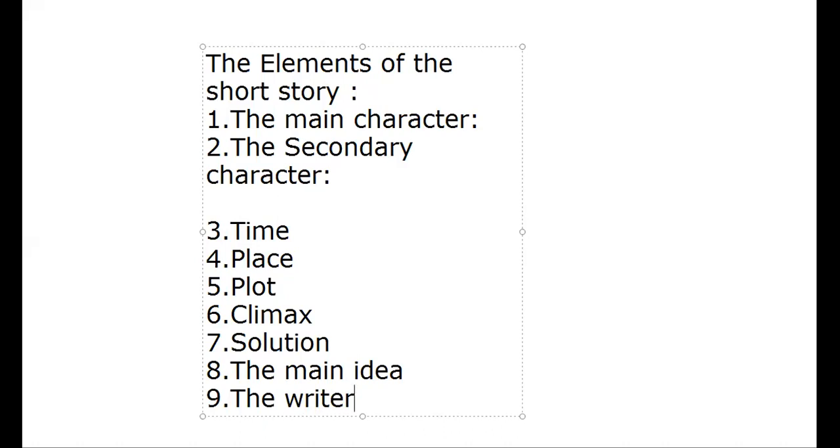Author is the one who writes essays, long stories, novels, because they are novelists. And the writer writes short stories. This is the difference between the author and the writer. Now, number 10, we have the endings, the ending.